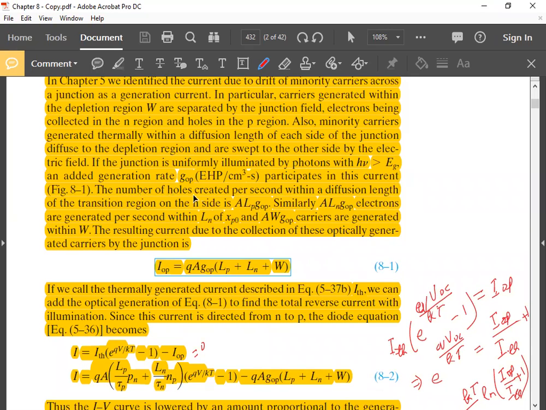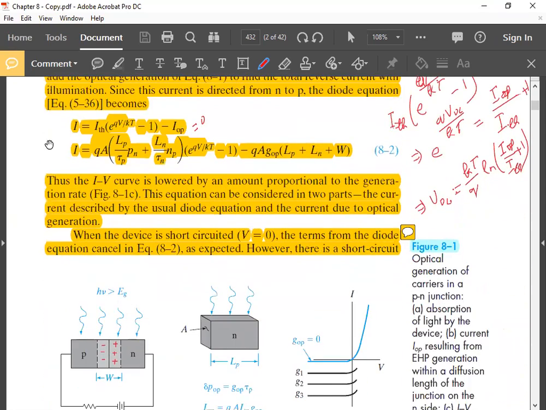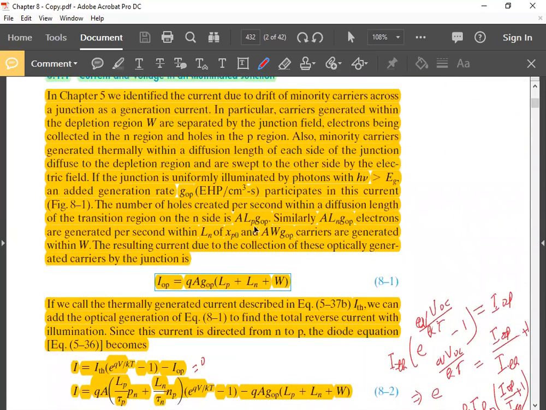Okay, the number of holes created per second within a diffusion length of the transition region on the N side is A LP into GOP. A LP is the volume I mentioned here, multiplied by the optical generation rate GOP. GOP is the number of EHPs per cubic centimeter, that means per unit volume per second. So if you multiply that with volume, what do you get? Number of EHPs generated per second.